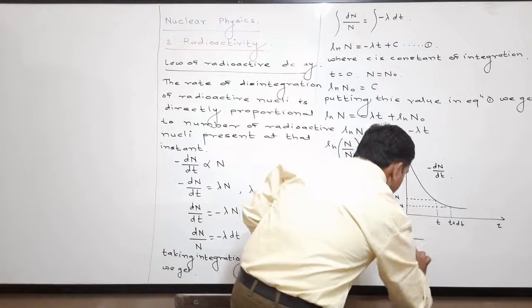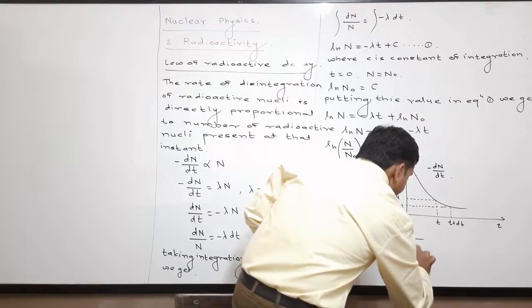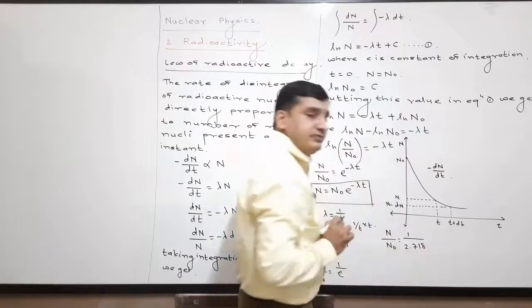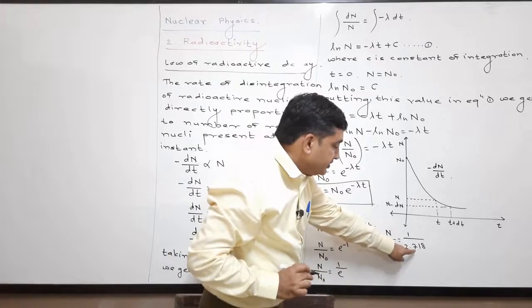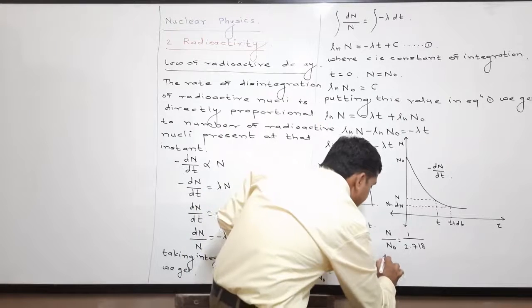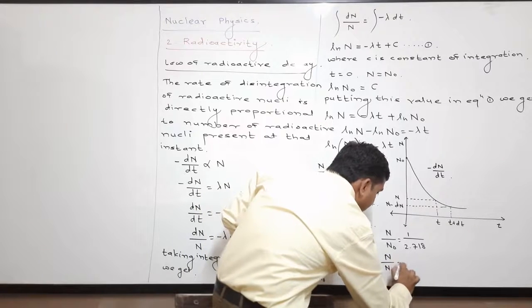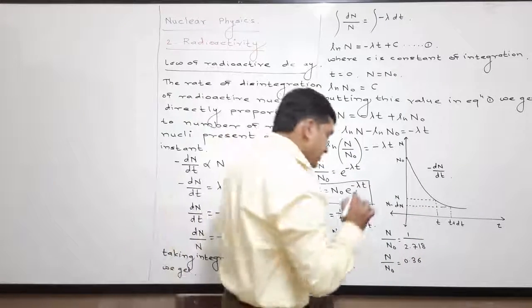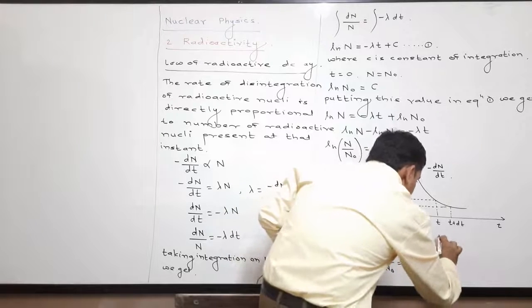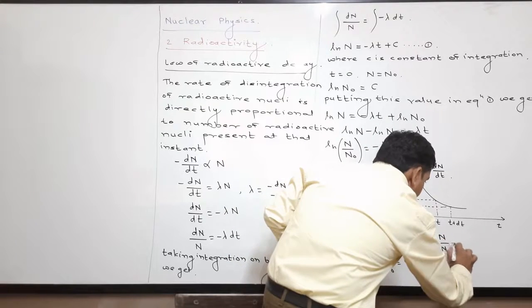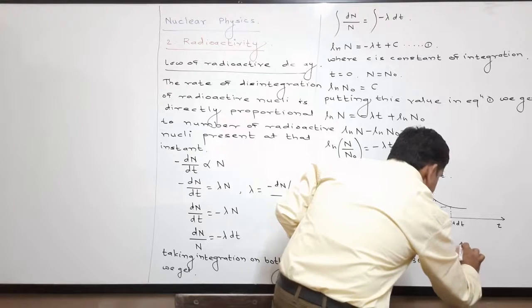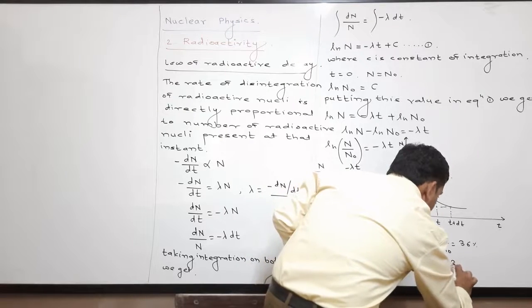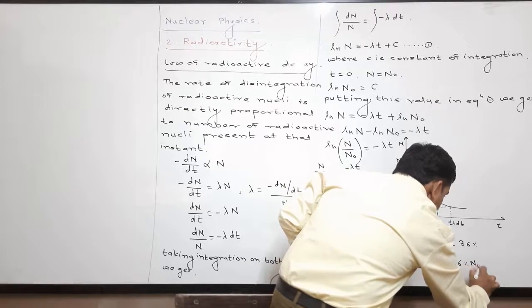The value of e is 2.718. So N upon N0 is equal to 0.36, that is N upon N0 is equal to 36%, or N is equal to 36% of N0.